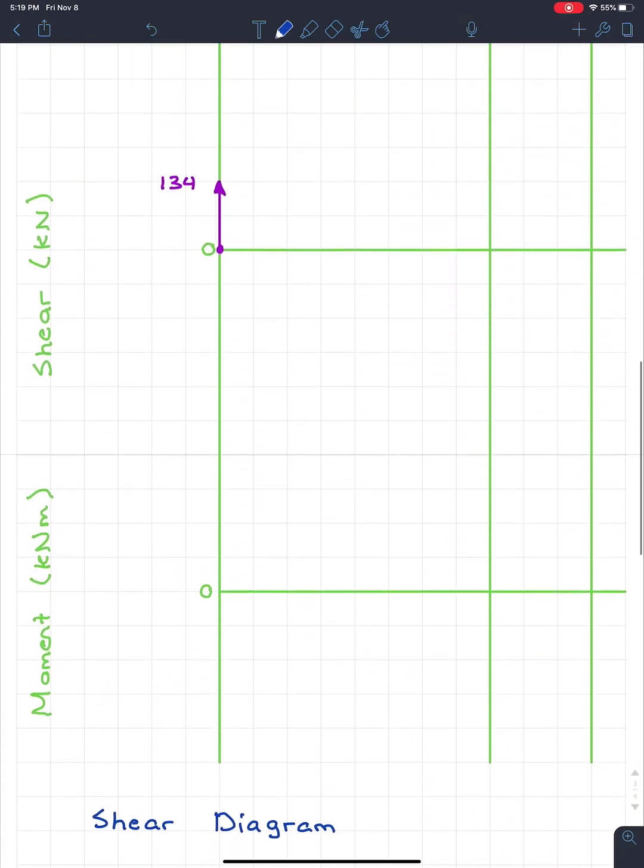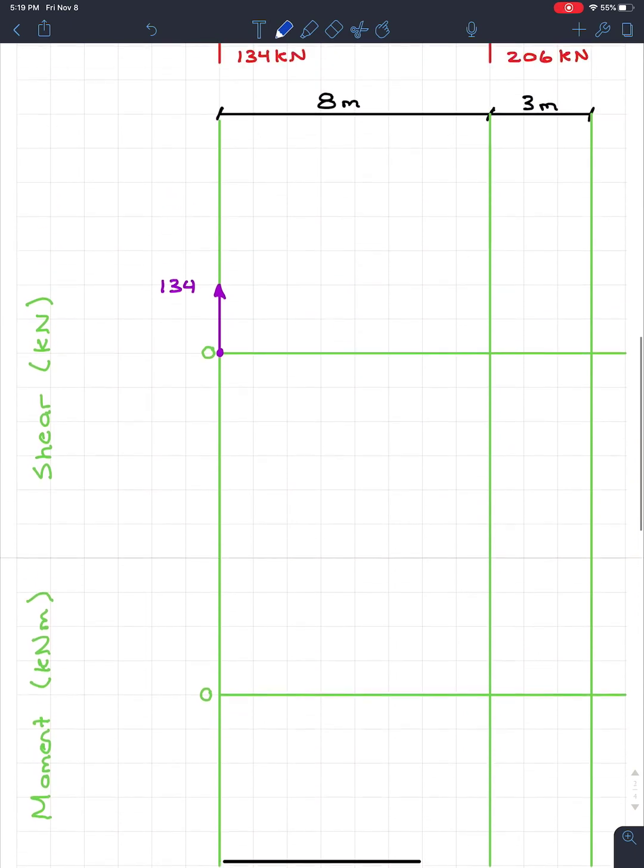So in our diagram, we go from 134 and we have to subtract 320. That brings us to a value of negative 186. So somewhere down here we're going to go to negative 186. We know that our shear at x equals 8 is going to be negative 186.